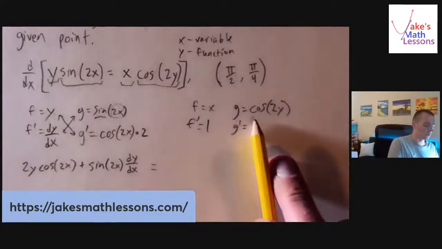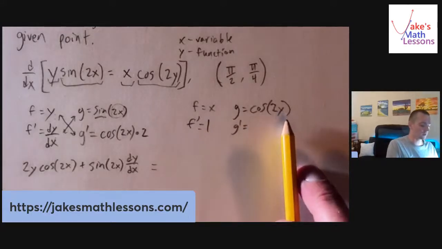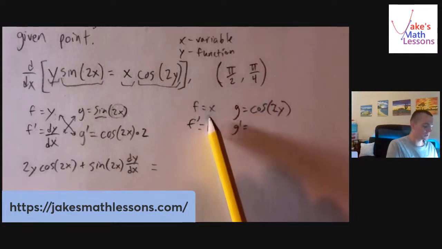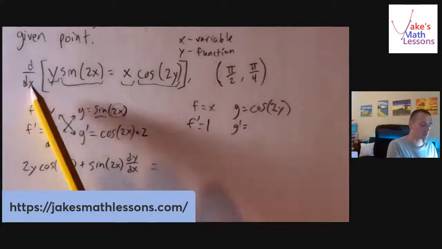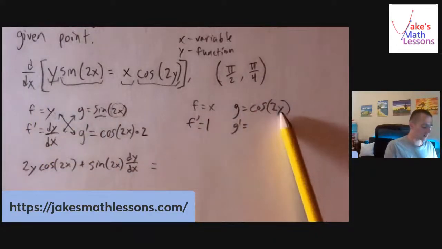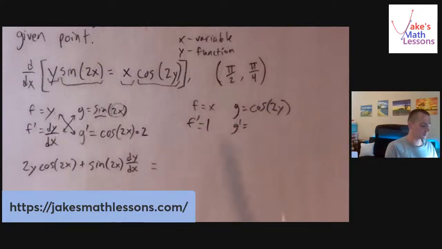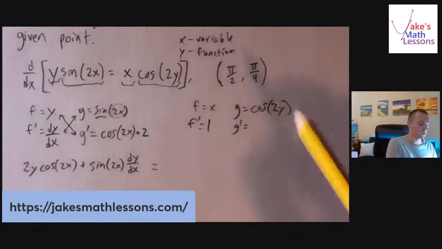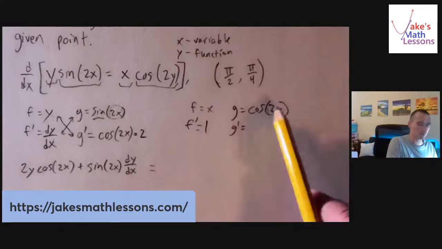And then the derivative of cosine of 2y is going to be a little bit more complicated because unlike over here where we had just our variable, just x's, taking the derivative with respect to x, over here we have y's. We have our function. So the derivative of cosine 2y is going to be a little bit more similar to taking the derivative over here. So again, we're going to have chain rule because we have this 2y being plugged into the cosine function.